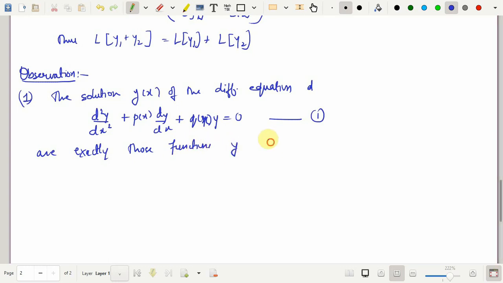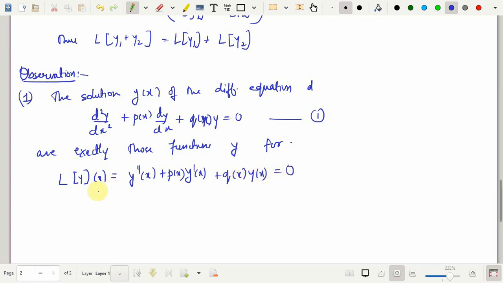y for which, if I write in terms of the linear operator L, then L of y at x, that is actually y double prime of x plus p of x, y prime of x plus q of x into y of x is equal to 0.